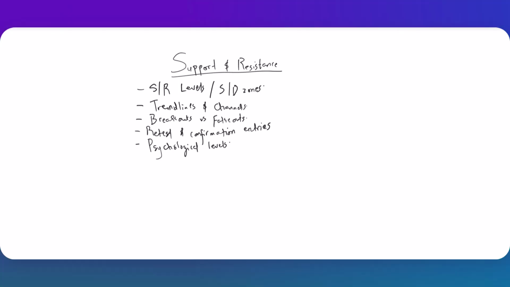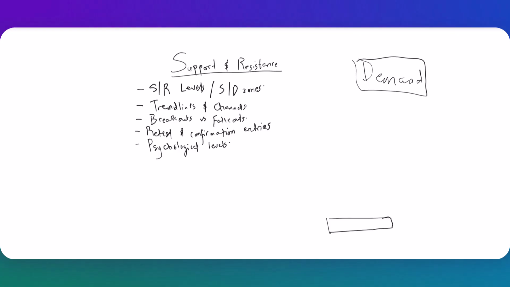Now, for demand, it's equivalent to a support zone, right?